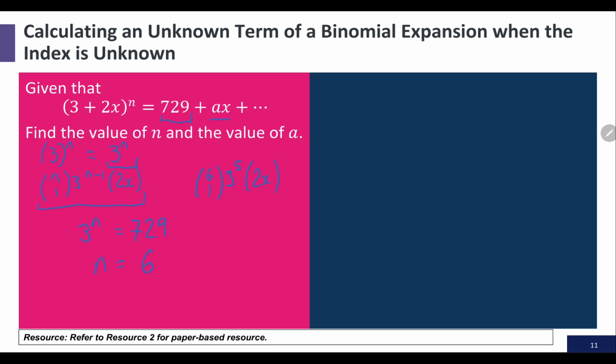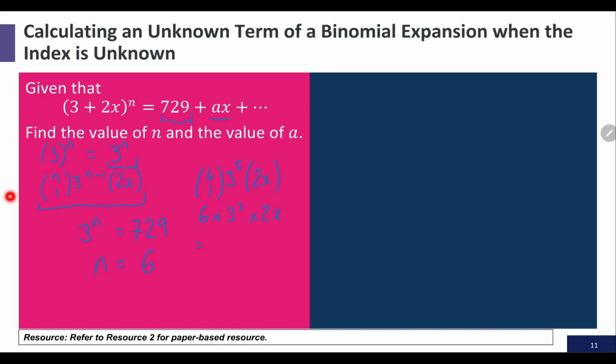So in my calculator, I'm going to go 6 choose 1. 6 choose 1 is 6. I already know that. 6 multiplied by 3 to the 5 multiplied by 2x.